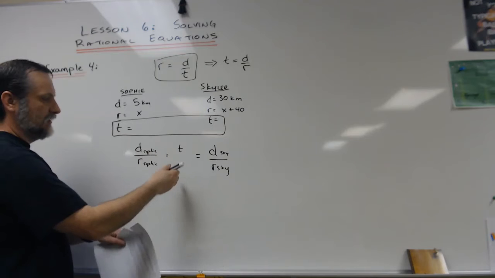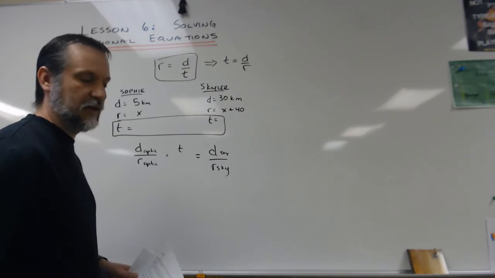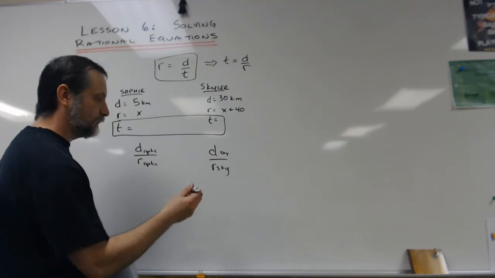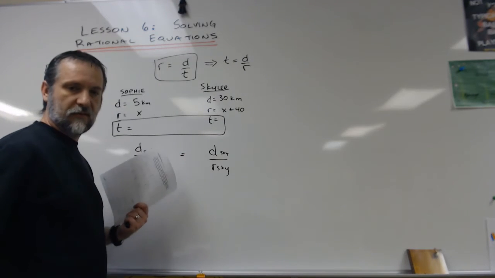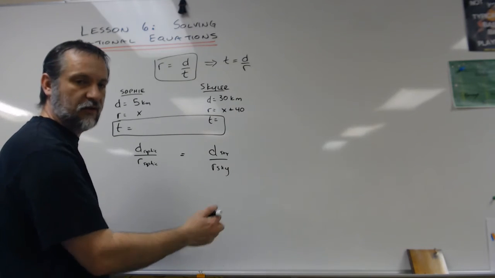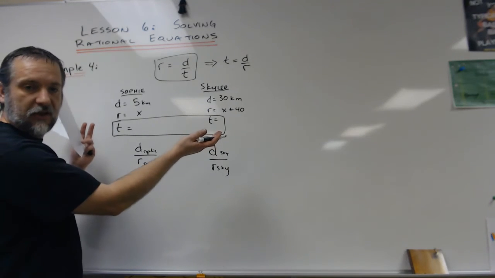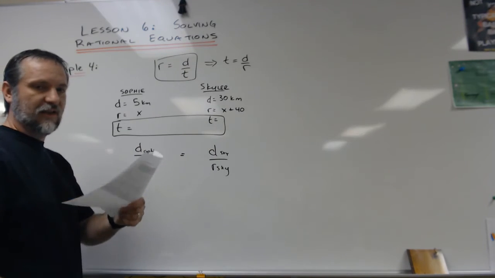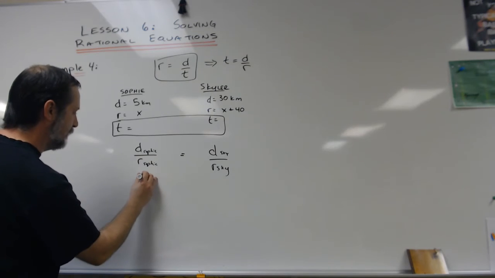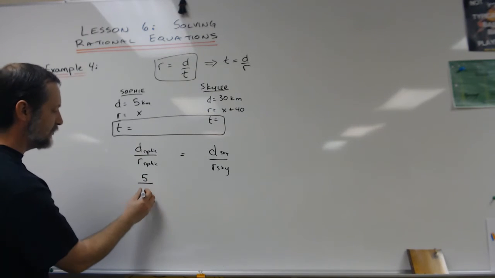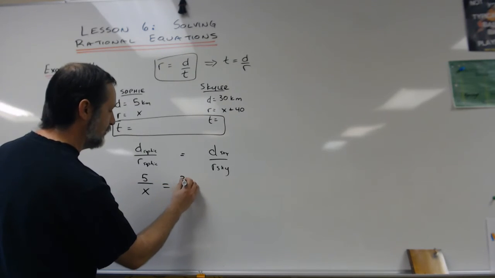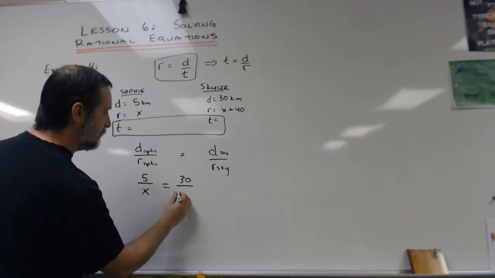So this is equal to this is equal to this. I can eliminate this middle step here, and these can just be equal to each other. So Sophie's distance over Sophie's rate equals Skylar's distance over Skylar's rate. We have some values we can plug in here. Yes, they're going to turn out to be rational, but luckily that's what we're doing. So Sophie's distance, so 5 over Sophie's rate is x, is equal to Skylar's different distance is 30 over x plus 40.